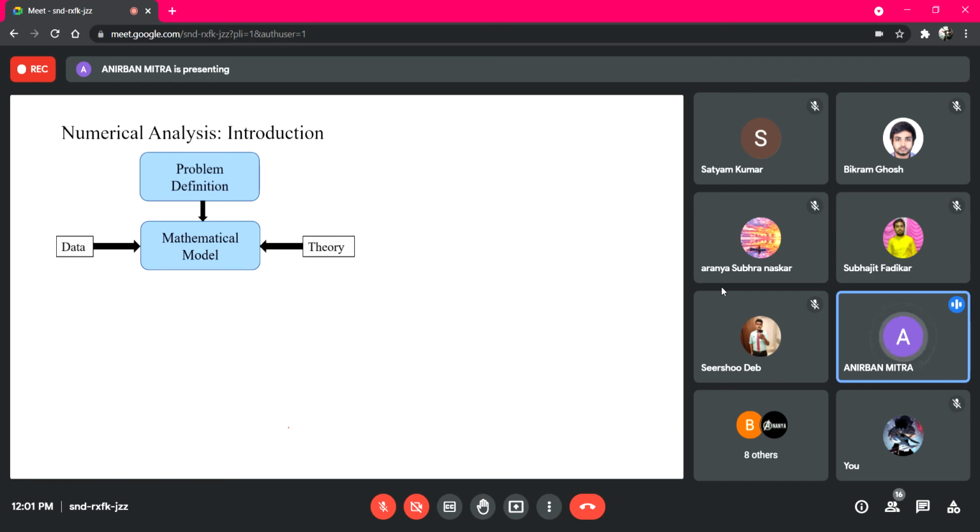Any valid mathematical model, I should say, would be dependent on a framework of valid scientific theories. Not only that, sometimes mathematical models need to be augmented with the help of experimental data. So experiments may be performed in order to have an appropriate mathematical model.